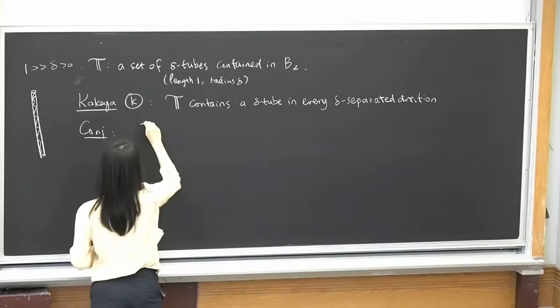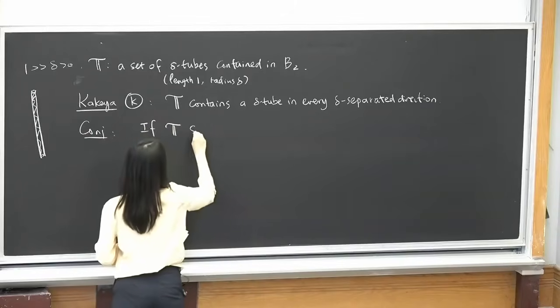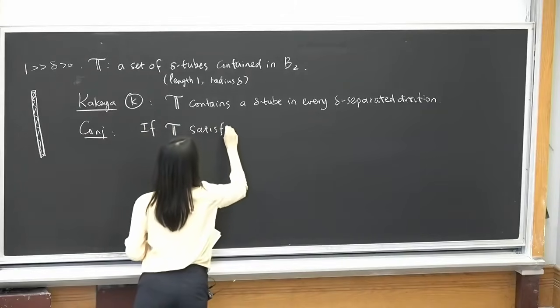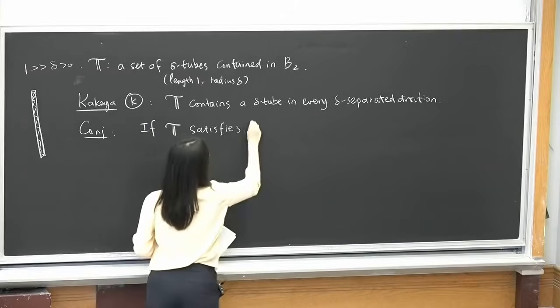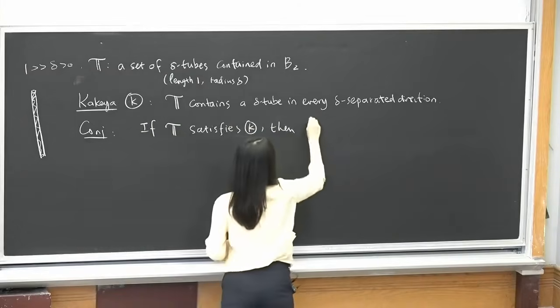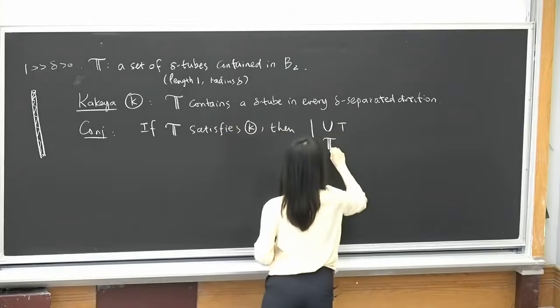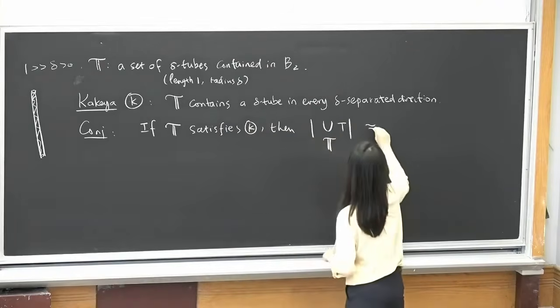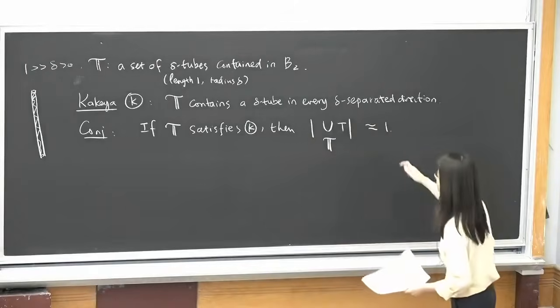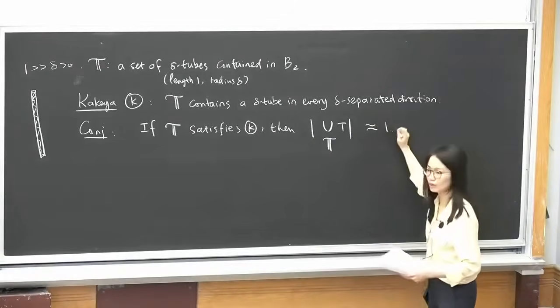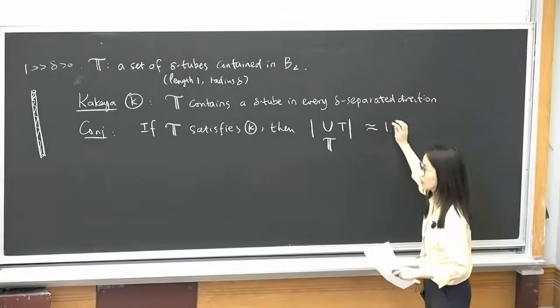If T satisfies the Kakeya assumption, then the union of those tubes has volume approximately 1, where approximately 1 is up to negligible powers of delta.